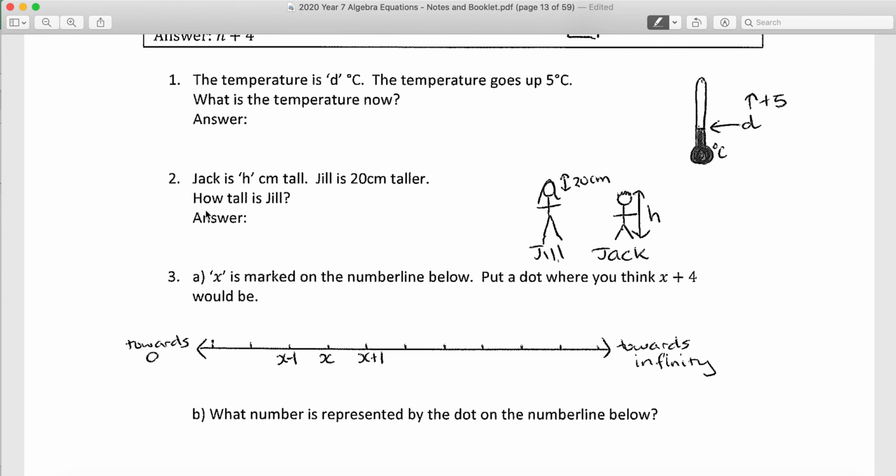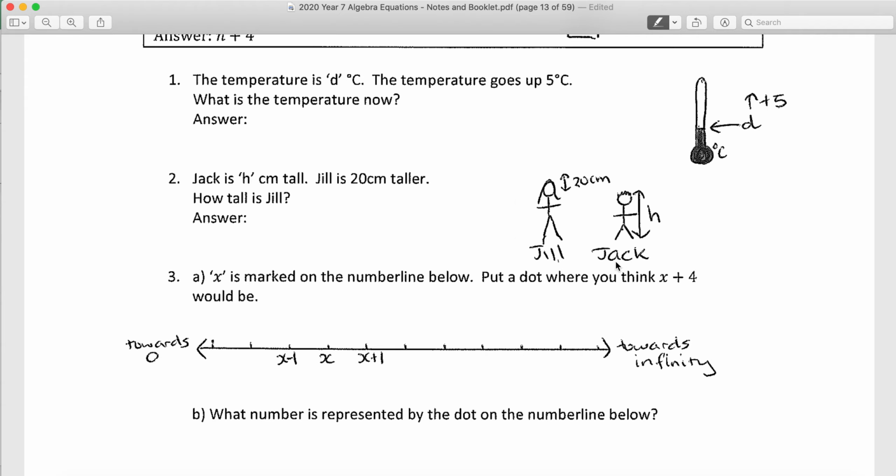Wonderful. Let's do question 2. Question 2 says, Jack is H centimeters tall. Jill is 20 centimeters taller, and we have a drawing here that might help us. How tall is Jill? So first question, and we're going to use this as a guide. Who is taller? Jill is taller. Agree?